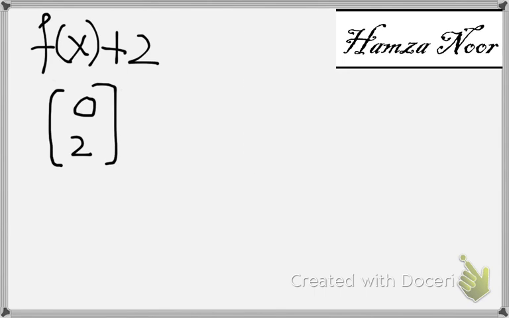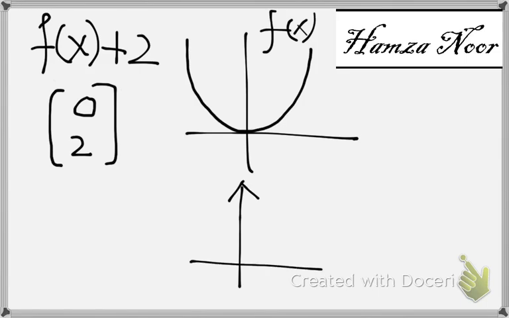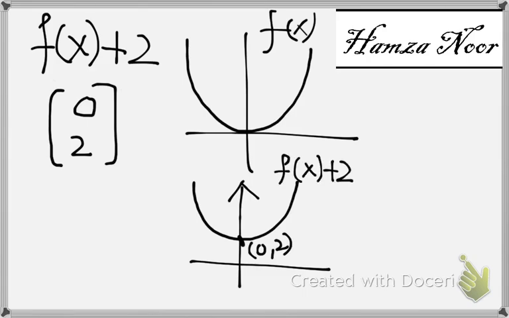So if you had the original function like this, where the turning point was the origin, then f(x) + 2 will be a vertical translation of 2. So the turning point will just move vertically upwards like here. There will be only a change in the y coordinate, and the x coordinate will remain the same. Alright, so you have an example over here.